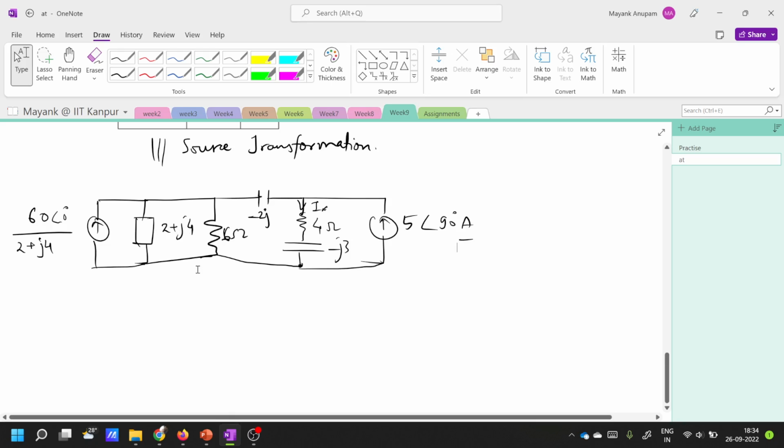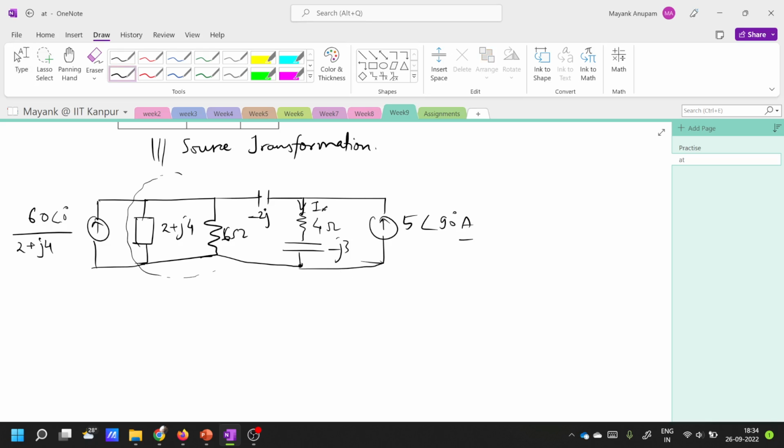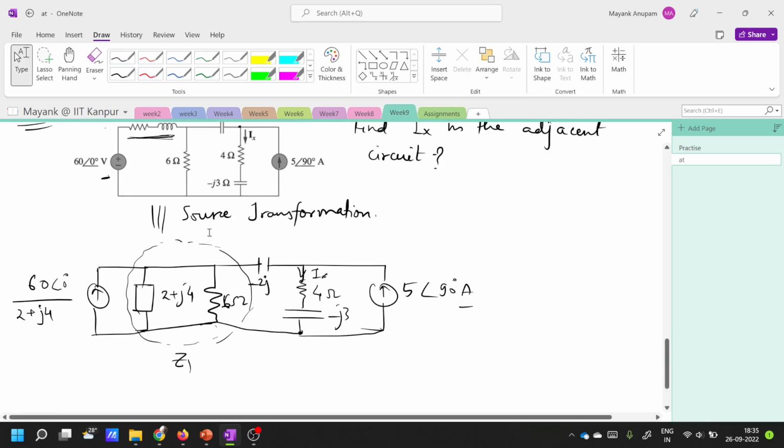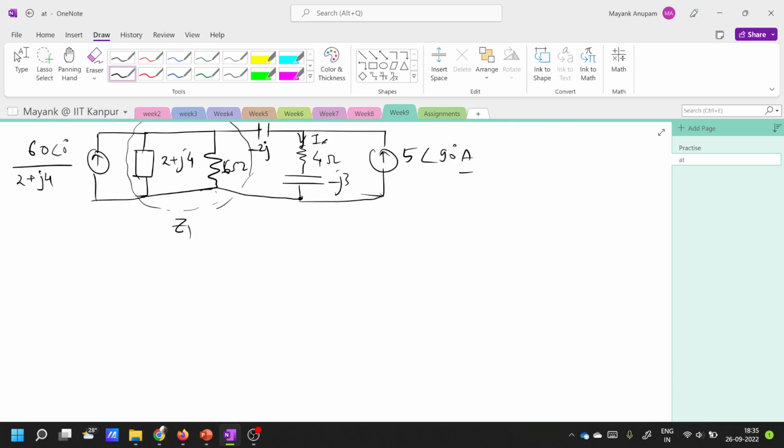So let's call that Z1. Let's call this guy here some Z1. So after that parallel combination, what will it become? Equivalent.